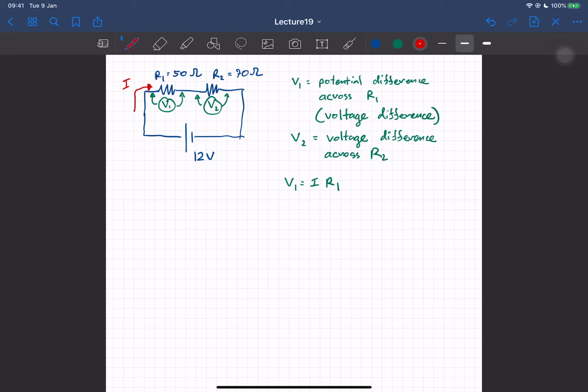And the same for V2. V2 is going to be the current flowing through R2 times 70 ohms, which is R2. So this is usually how we use Ohm's law, to find out what the voltage across each resistor is once we know the current flowing through each one. Right, so V1 is I times R1, V2 is I times R2, like this.